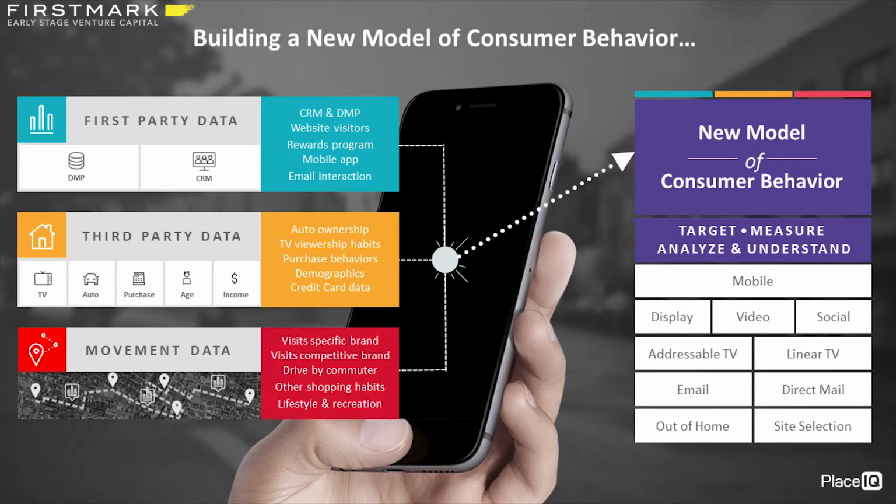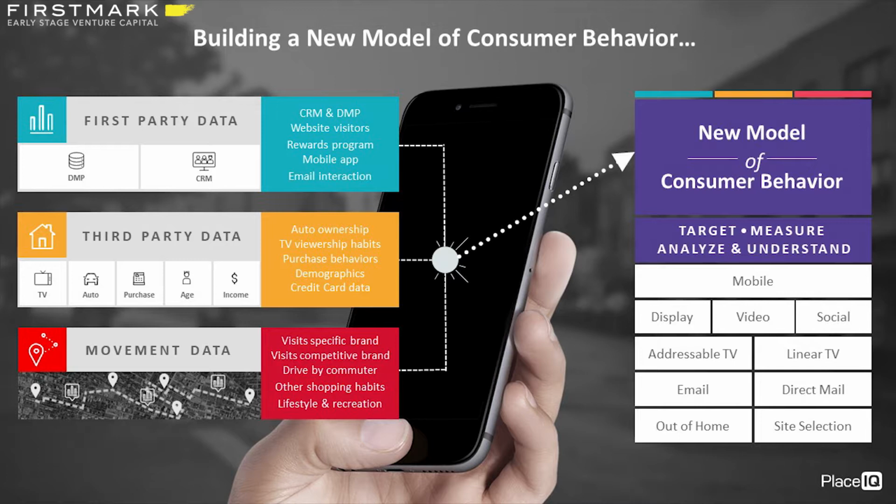Then we connect this data to what we call third-party data. This isn't just about movement data in the world, where we've built thousands of audiences. It's about connecting it to auto ownership data, television viewership data, and retail purchase data. If you think of your mobile device that is connected to the internet and to your digital identity, it's also connected to the physical world through the circuitry and the sensors in that device.